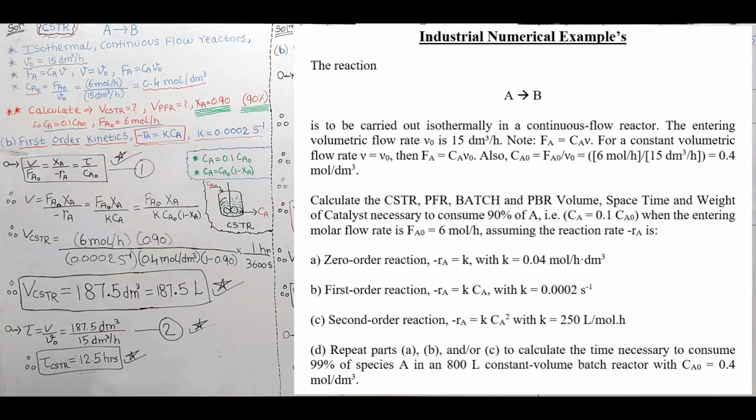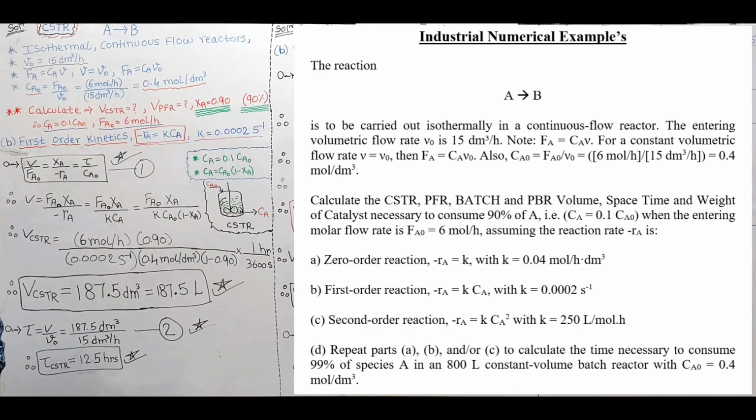Now the question states we need to calculate the volumes of CSTR, PFR, batch, and packed bed reactors necessary to consume 90% of A, that is Ca is equal to 0.1 Ca naught, when the entering molar flow rate is 6 moles per hour.